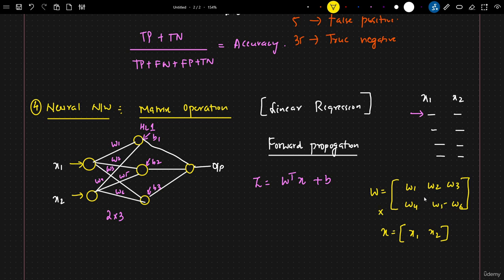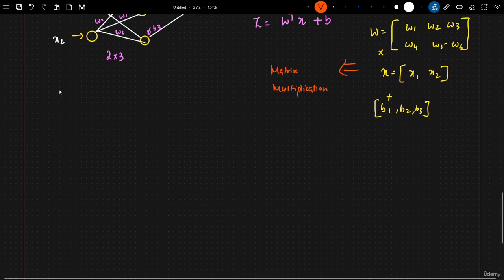When we do W transpose, the matrix is transposed and then we multiply with X. Similarly, we add the bias B1, B2, B3, because there are 3 biases added with respect to the nodes. My main aim is to tell you that all of these are matrix multiplications, so matrix operations are used extensively in neural networks. If I consider linear regression, let's say I have a data set.